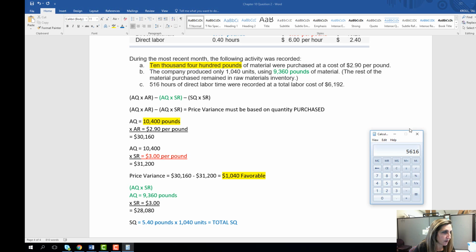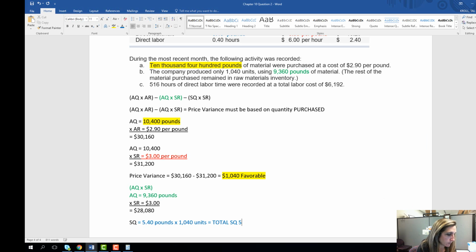My standard quantity is 5,616 pounds. Again, you're always going to have to find the number of units when you're calculating the standard quantity. I'm going to multiply that 5,616 pounds by my SR of $3 a pound.